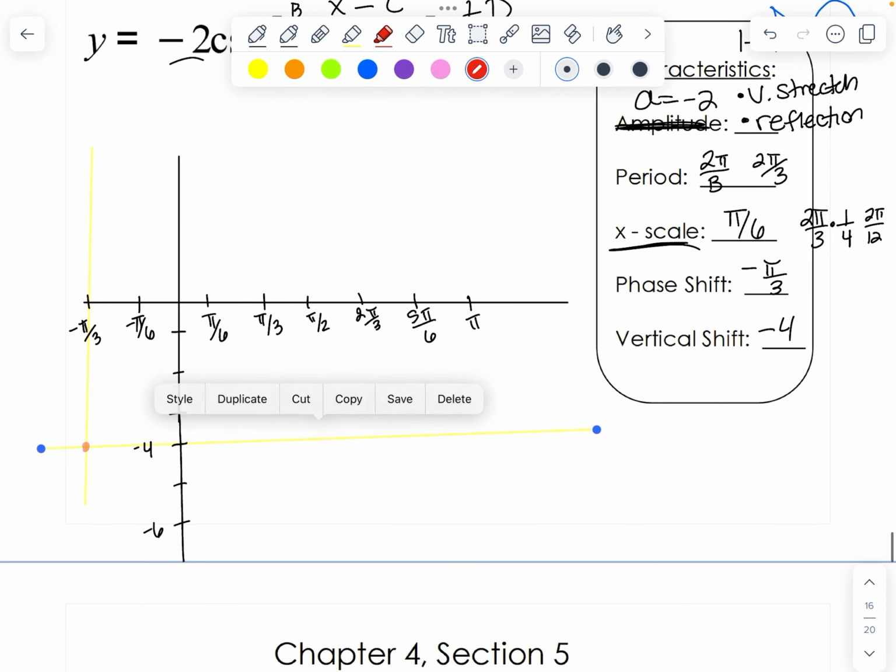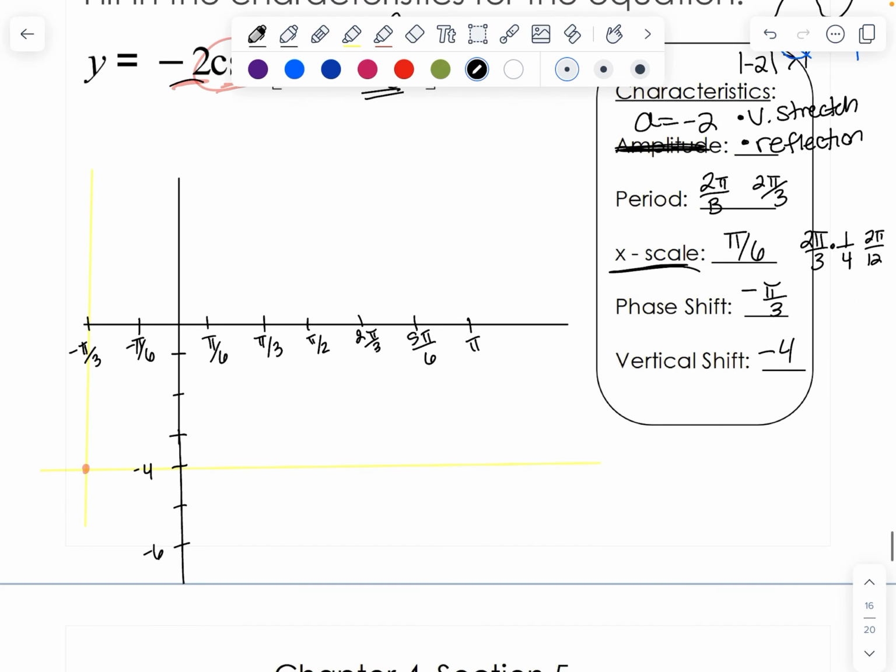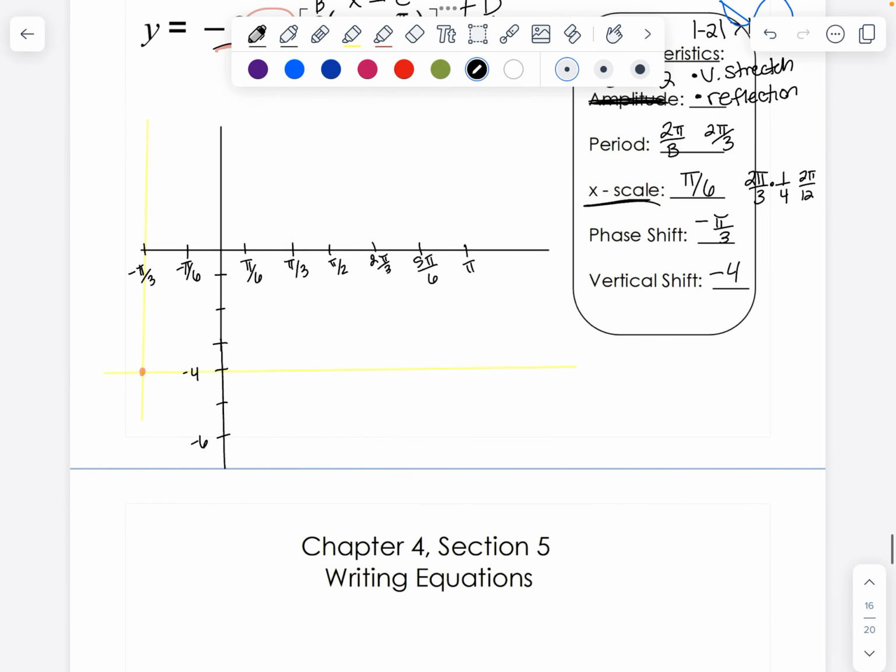And I want to graph, my line got a little crooked, there we go. I want to graph cosecant, which means I'm going to graph sine and then do the reciprocal of it. So I'm going to graph sine like I had a negative a value, a negative 2a. So my sine is my y coordinates. So 1, 0, 0, 1, negative 1, 0, 0, negative 1.